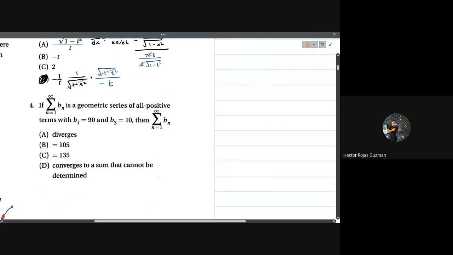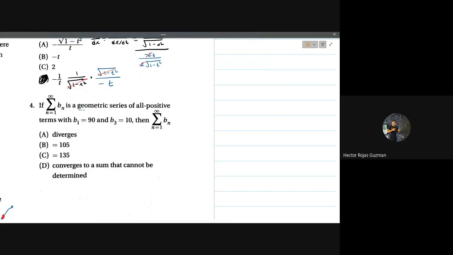And number 4, if the series is a geometric series with all positive terms where b1 is 90 and b3 is 10, then figure out what happens with the series. Okay. Well, if the first term is 90 and we don't know the second term, but we know the third term, we know we're going to have a common ratio, right?